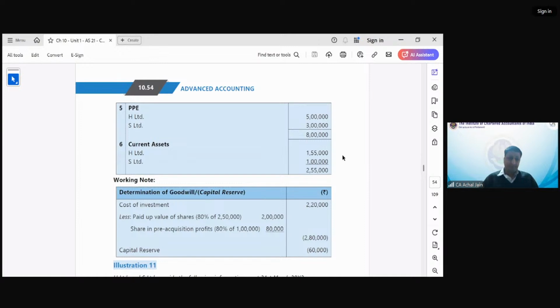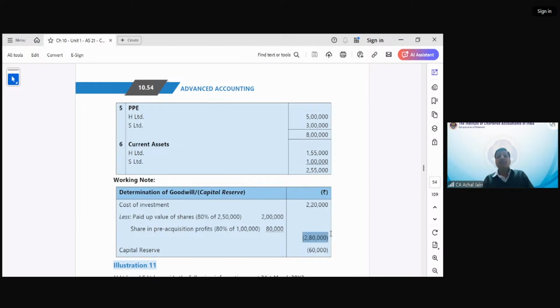Purchase consideration is 2,20,000 and net assets we calculated were 3,50,000. 80% of 3,50,000 is what belongs to H Limited. So that means 2,80,000 is the amount of net assets which have been acquired by paying 2,20,000.